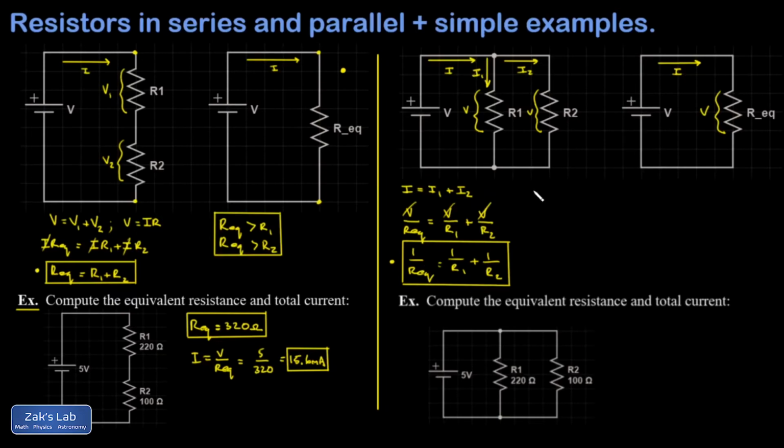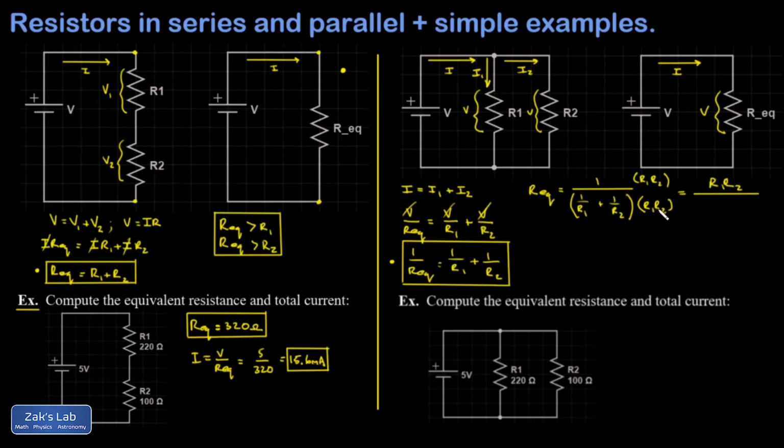So what I'm going to do to solve for REQ is take the reciprocal of both sides of the equation. Then to get rid of the complex fraction, we multiply the top and bottom by the least common denominator, R1 R2. And I end up with an R1 R2 in the numerator.